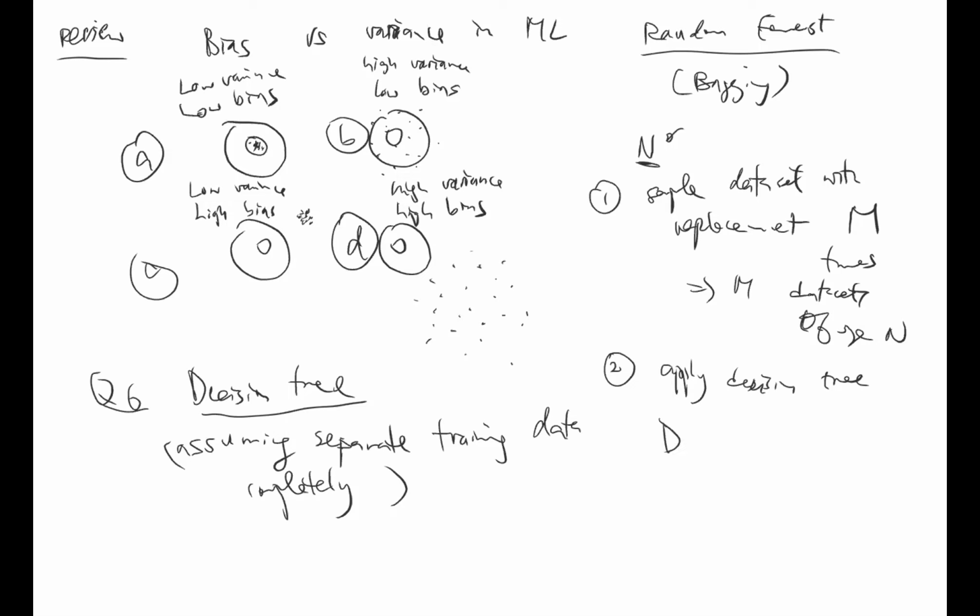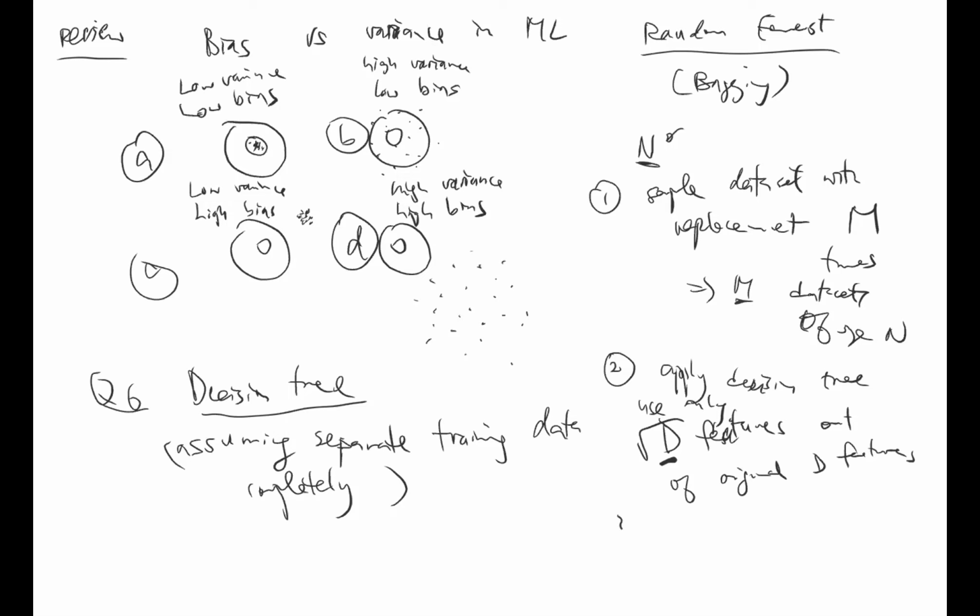Let's say you have D features to start with. Use only square root of D features out of the original D features. So we train the decision tree on each of these M data sets with a different, randomly picked set of square root D features.